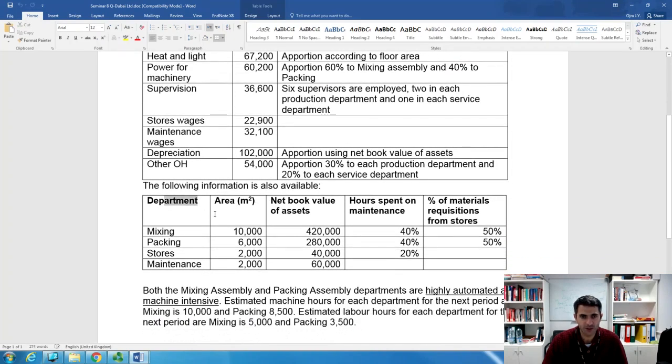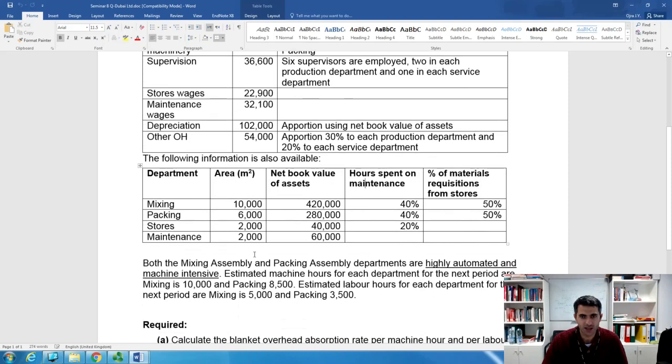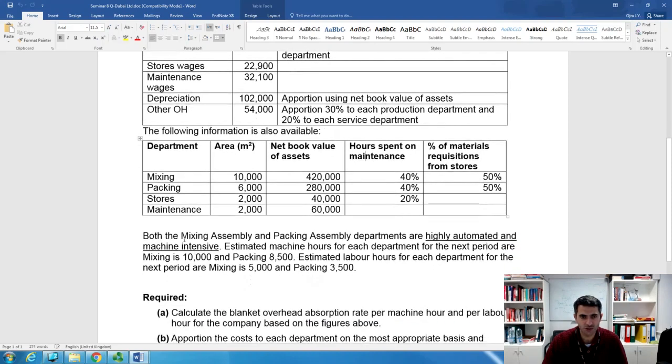Also, this table looks at the basis for overhead. And the question here tells you that mixing and packaging are highly automated and machine intensive. That's very interesting.